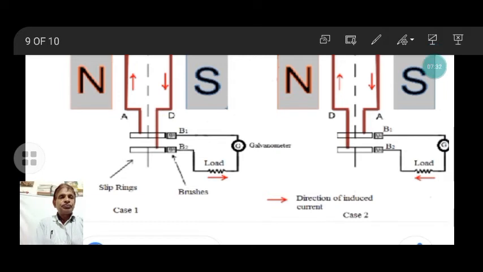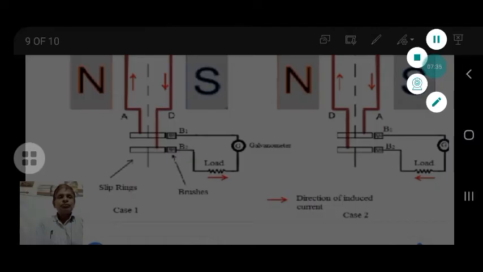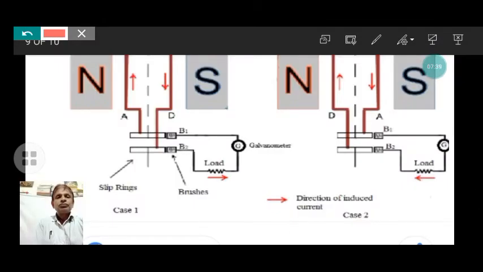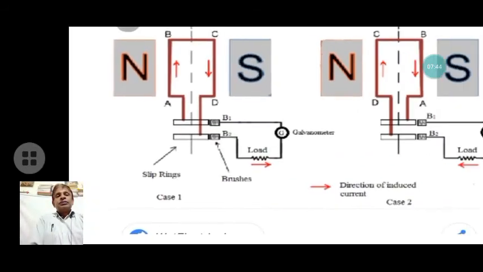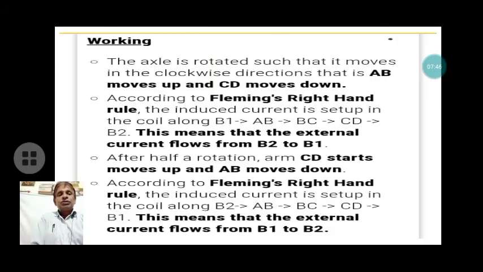Here in the figure, AB moves up and CD moves downward. According to the Fleming right hand rule, the induced current is set up in the coil along B1, AB, BC and CD.